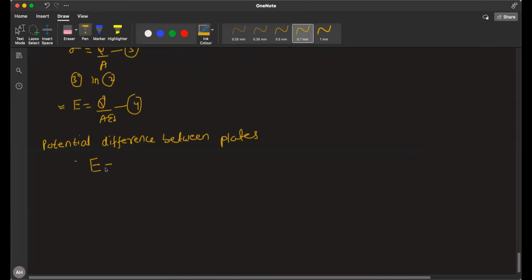Electric field is V by D: potential difference divided by separation.